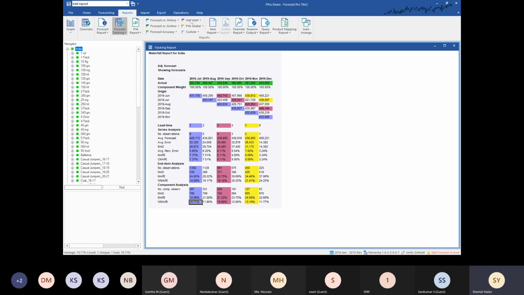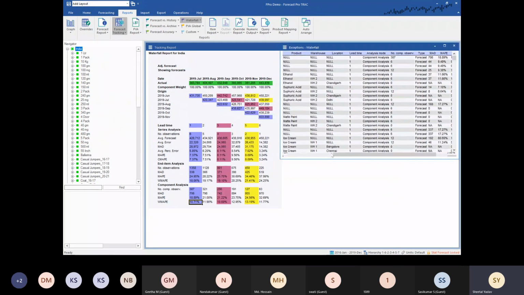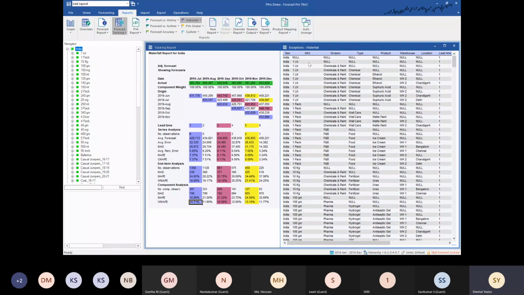And similarly, we have the waterfall report over here in an Excel format. This is more in the graphical format. Over here, you would have all your items, all your hierarchies, and whatever hierarchy you would have set accordingly, the hierarchy would change in the report as well.